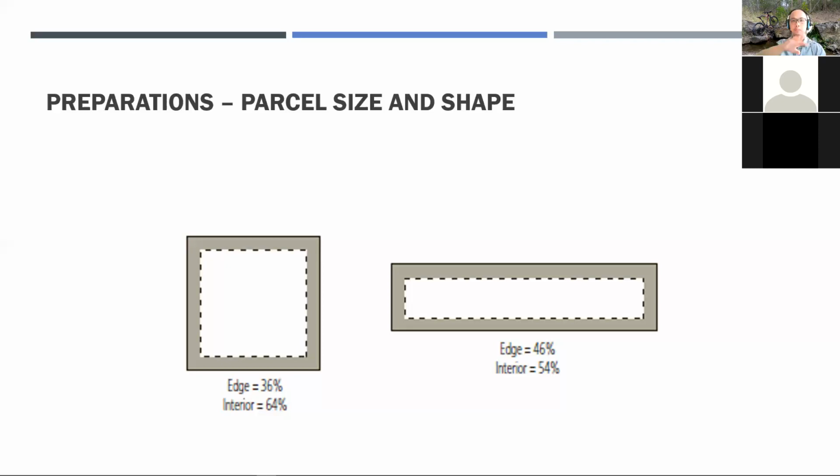So if you're working on a housing project of 1,000 dwelling units and you have a large site, then it gives you much greater flexibility in how you would arrange these 1,000 dwelling units.